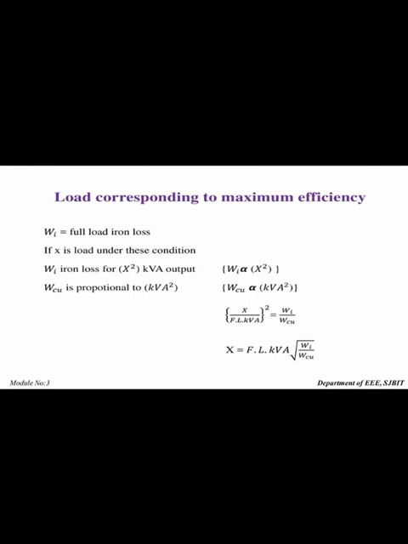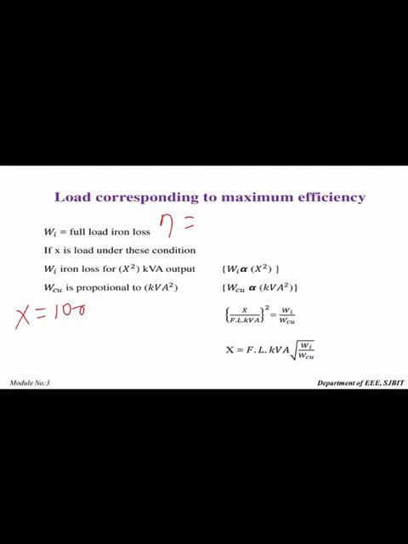Then the load corresponding to maximum efficiency. If you want to rewrite the equation for the transformer efficiency, it depends on the load. If the load is 100%, we take the X value as 100. If not, it's variable, so we should include the loading also.